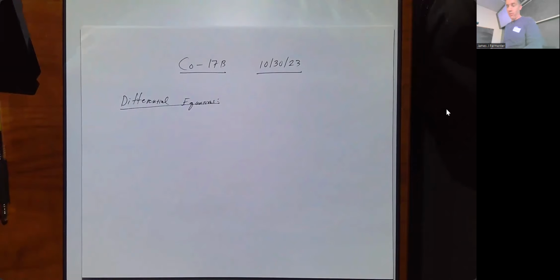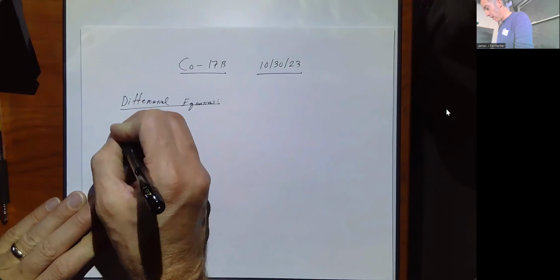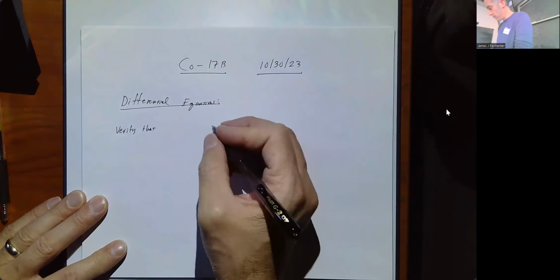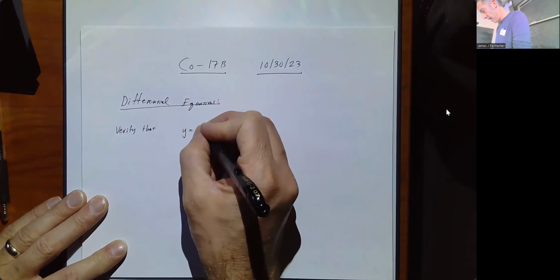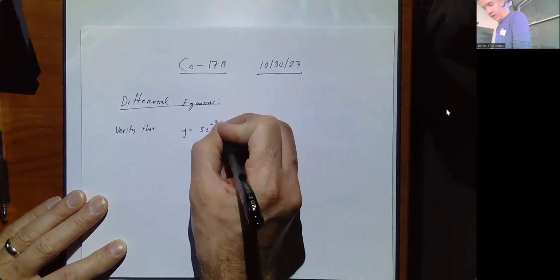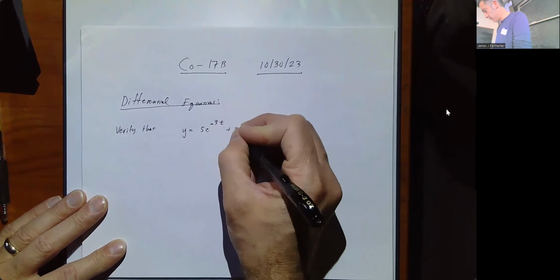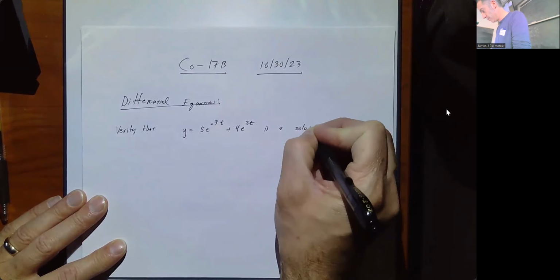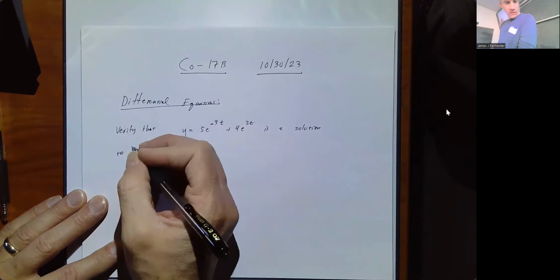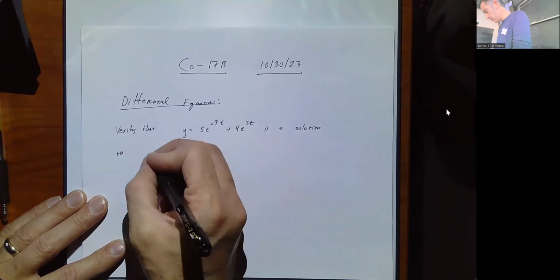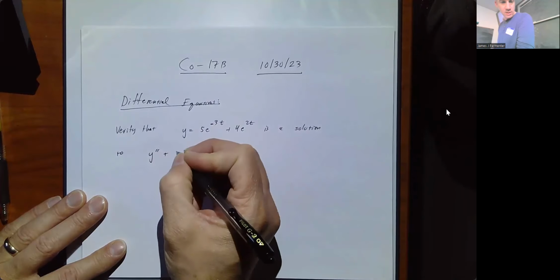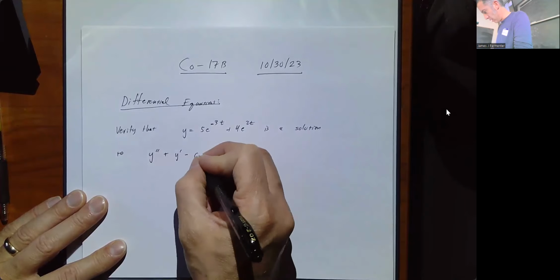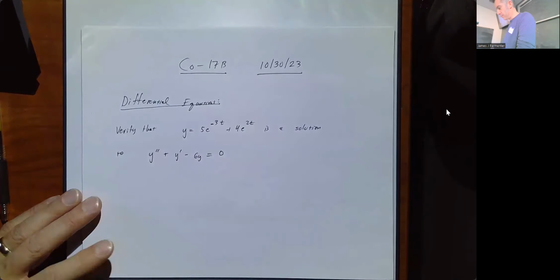So for example, I want to show or verify that the following solution, y equal to 5e to the negative 3t plus 4e to the 2t, is a solution to the differential equation y double prime plus y prime minus 6y is equal to 0.